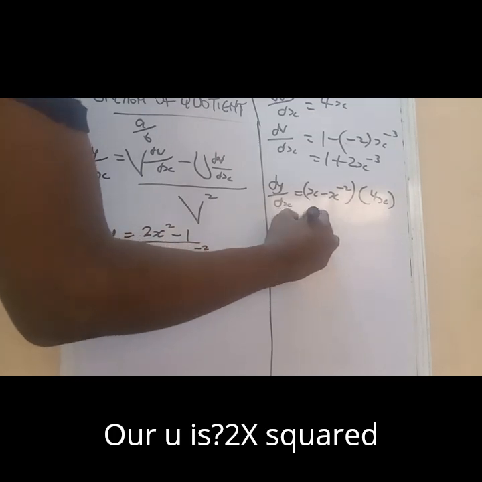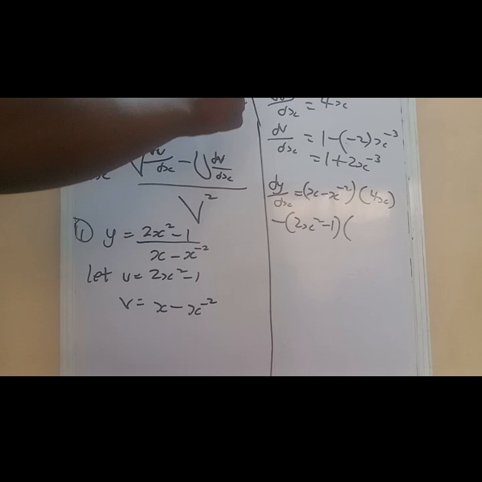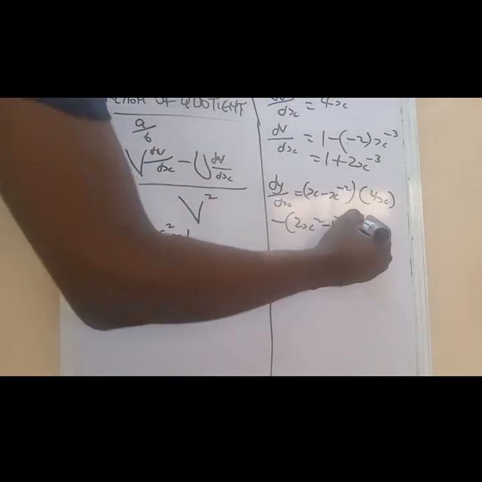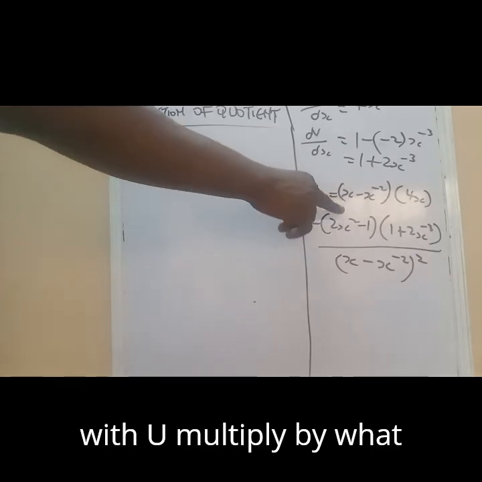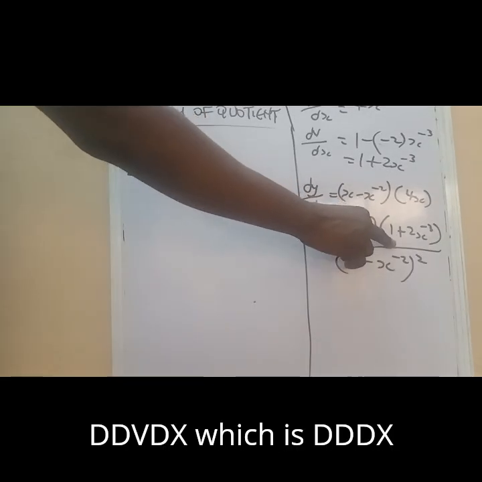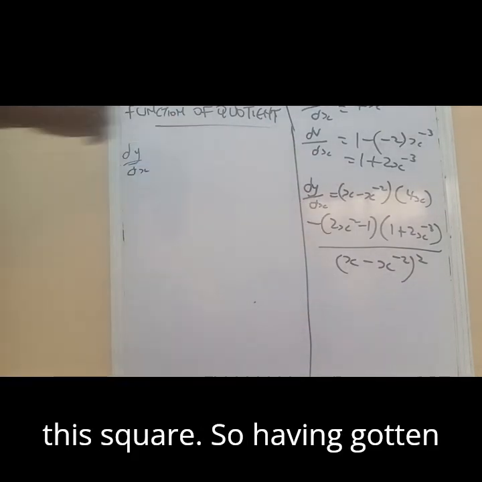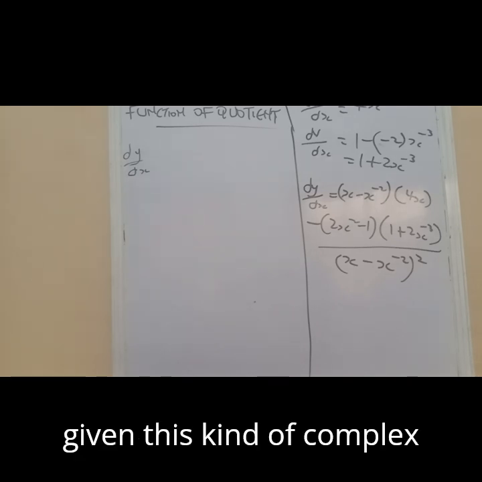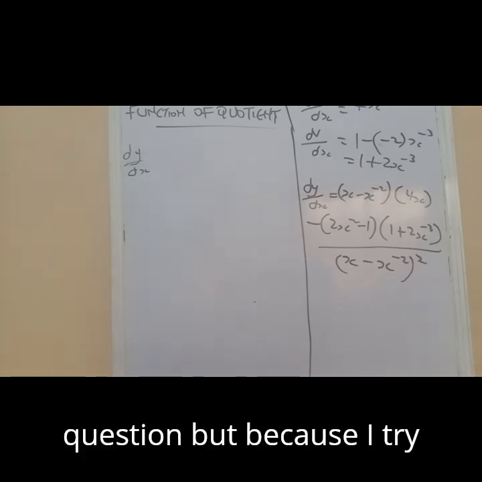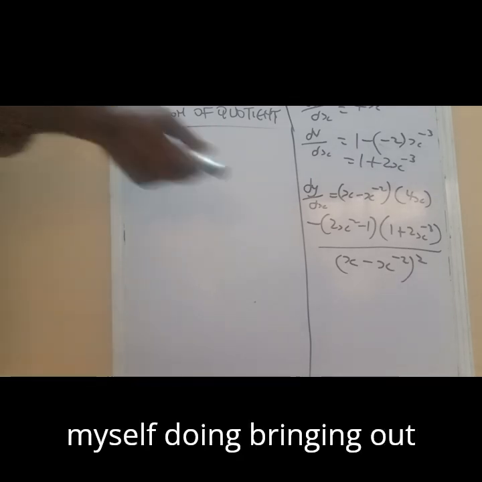Our u is 2x squared minus 1, multiplying our dv dx, which is this, then all over v squared. So having gotten this, normally you will not be given this kind of complex question, but because I tried not to bring a difficult question, I find myself bringing out this.